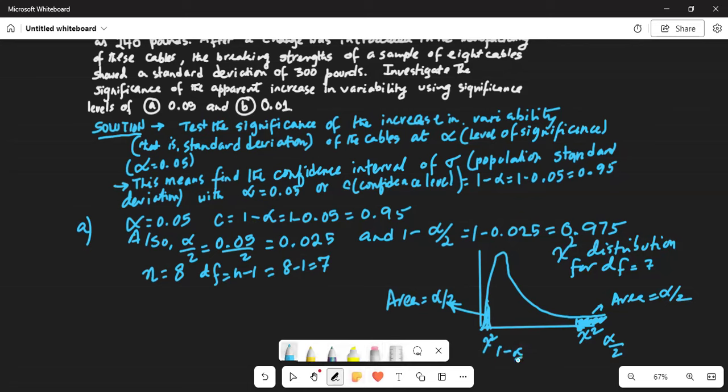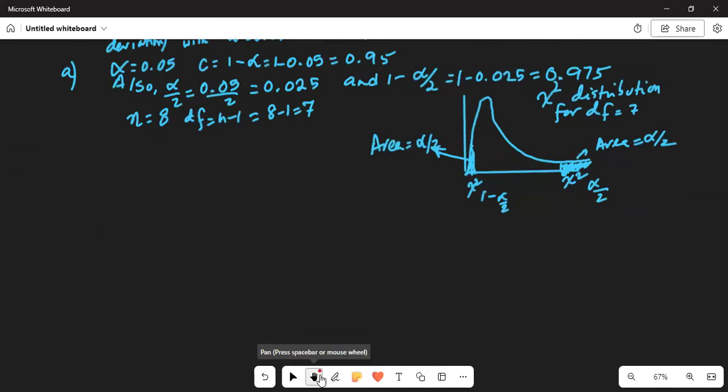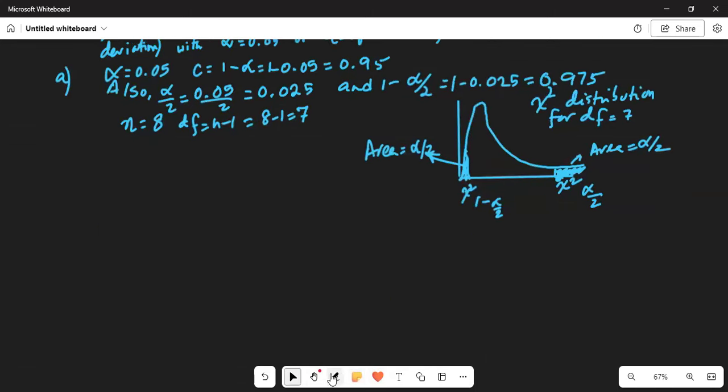In other words, this is chi-square 1 minus alpha by 2, which is 0.975, and this is chi-square 0.025.